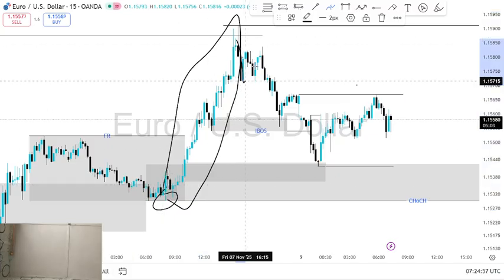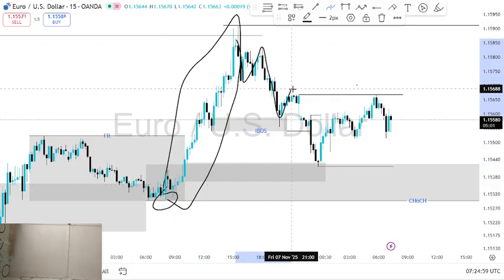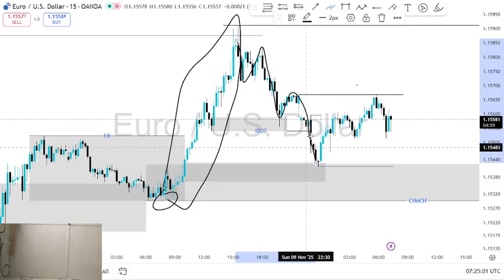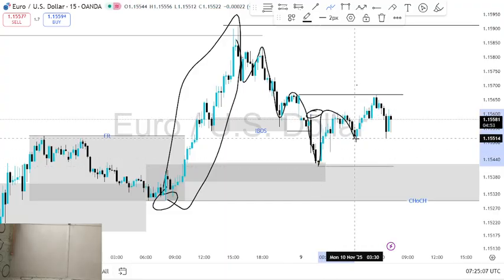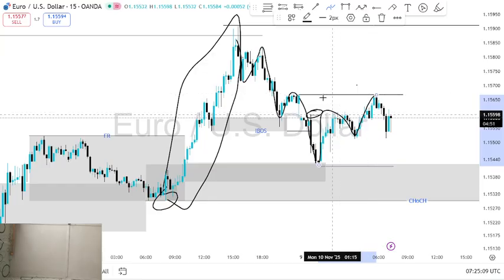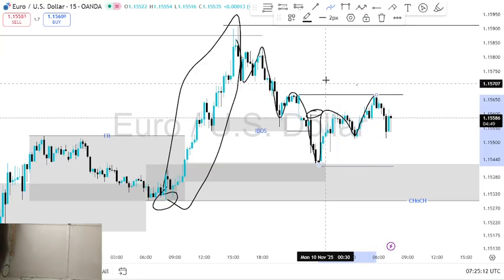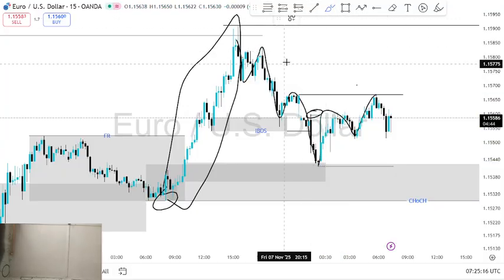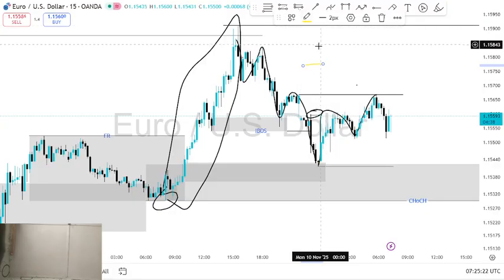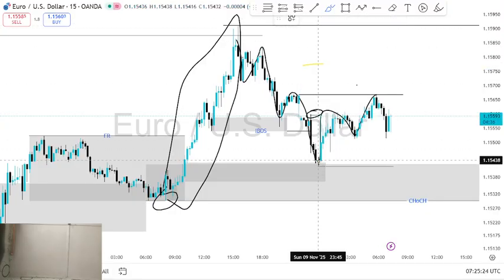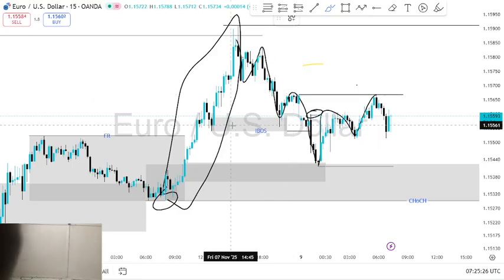This one is internal structure, but within this internal structure we have this fractal structure. So we can see that this fractal structure is switching bullish to facilitate this internal structure. Let me use a different color for the fractal structure. Let me use yellow.